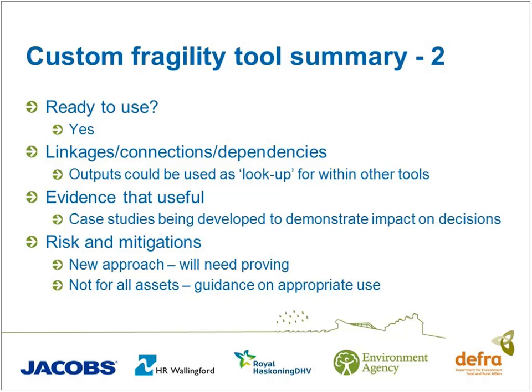The way that the Environment Agency finally rolls this out has not been decided, because it's accessible to everybody now, product available now. They may decide to make more use of a more detailed tool. It depends on the balance of interest, I think, in whether you want a very specific fragility curve, or whether this intermediate step that we've done under the Asset Performance Tools project is more appropriate. So thank you very much.